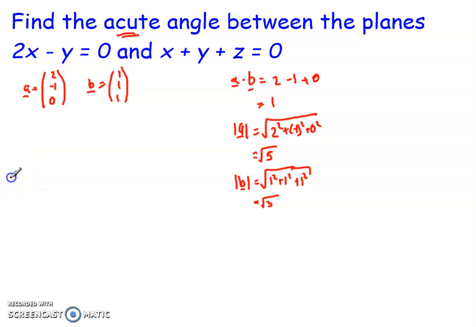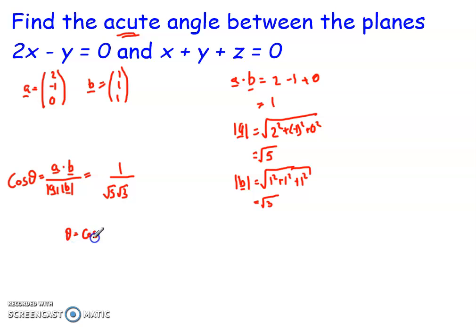Then we just plug it into the formula. We know we're going to use cos theta is equal to A dot B over magnitude A, magnitude of B. Plug in the values. We know then that cos theta is equal to 1 over root 5 root 3.